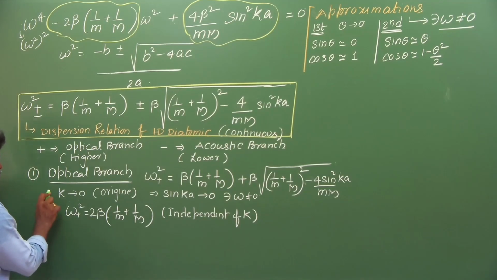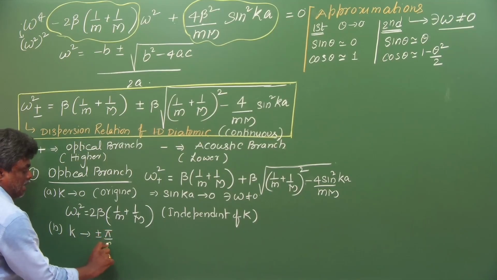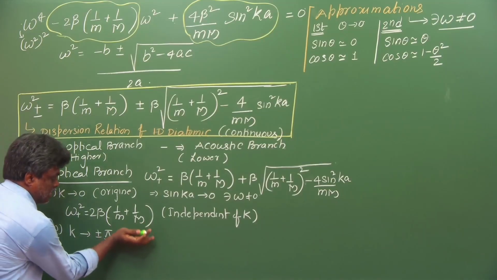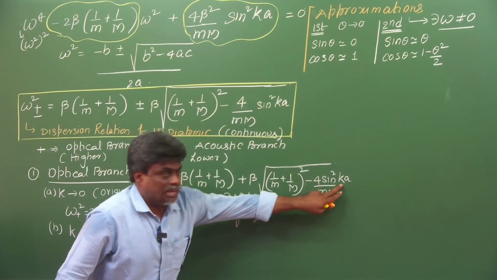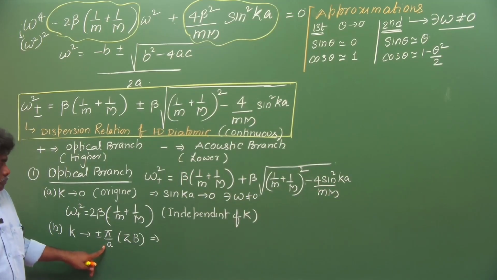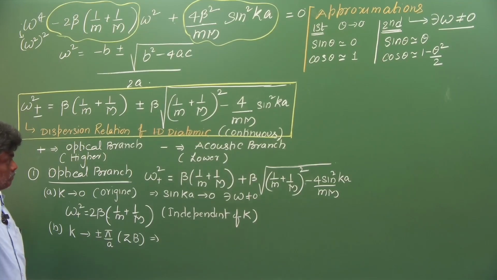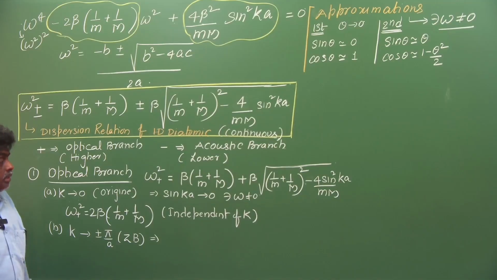Second, I told you I will always check 2 cases, zone boundary and origin. Plus or minus pi by a. What is this? Zone boundary. Sin square ka.